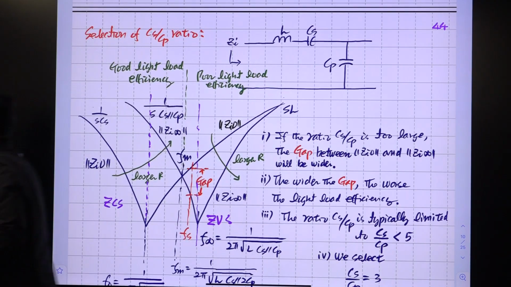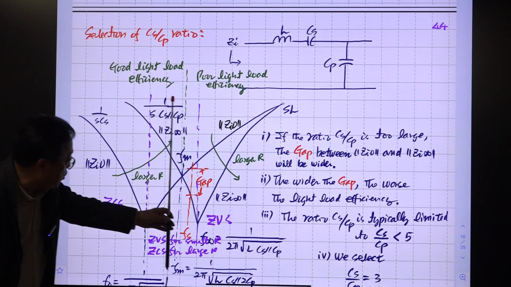So in between, from this f naught to f infinity, you have ZVS for small R, ZCS for large R, right? So maybe at this point, the switching frequency is somewhere here.